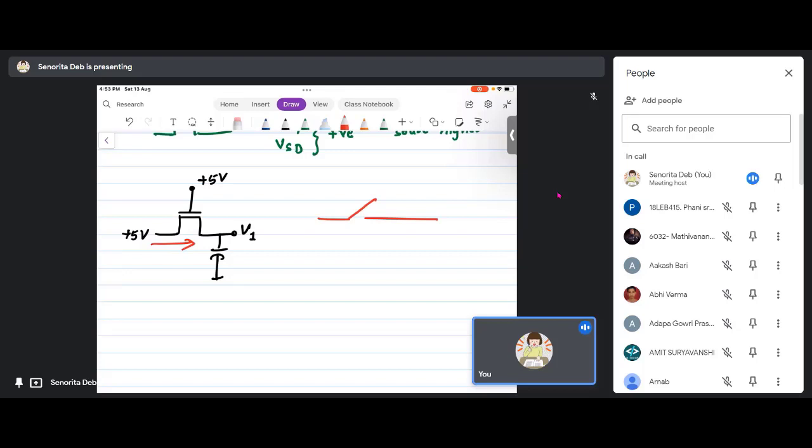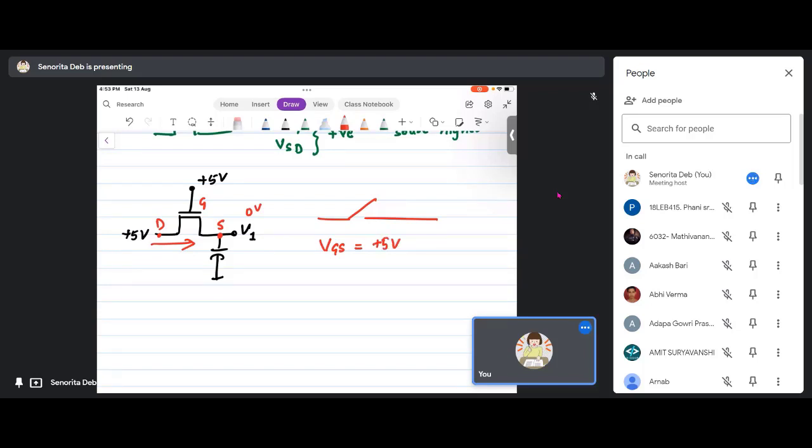Okay, so what happens if you give a plus 5 volt? This is now source because we saw that source is at lower potential. This one is the drain, right? This is initially at 0 volts. So what is VGS? It turns out to be plus 5.